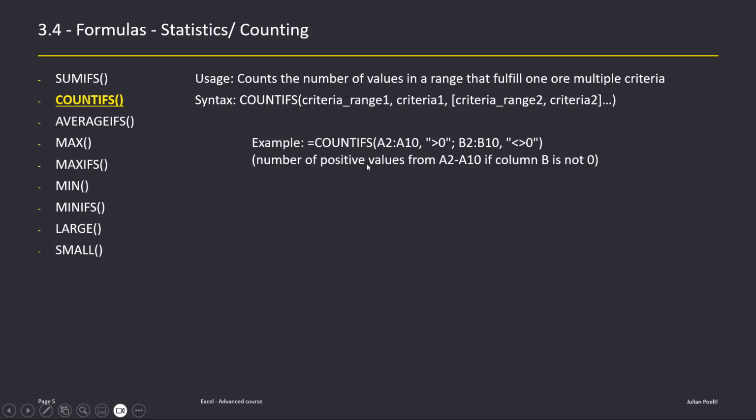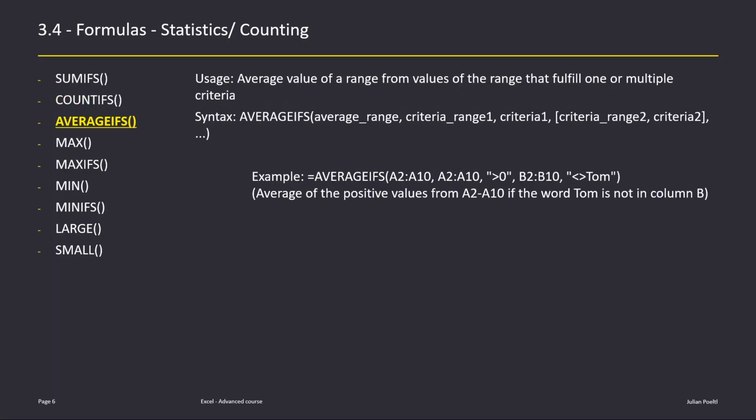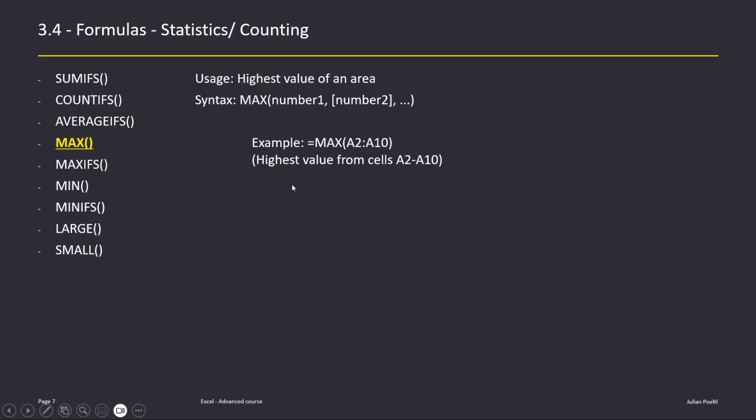And you don't need a sum range for the COUNTIFS function. AVERAGEIFS works basically the same as SUMIFS, but instead of summing up, you calculate the average. So for example, here the average of positive values from A2 to A10, where the word in column B isn't Tom. So you could do crazy stuff here.